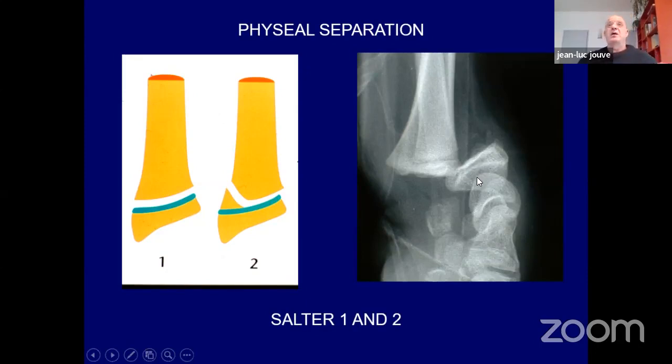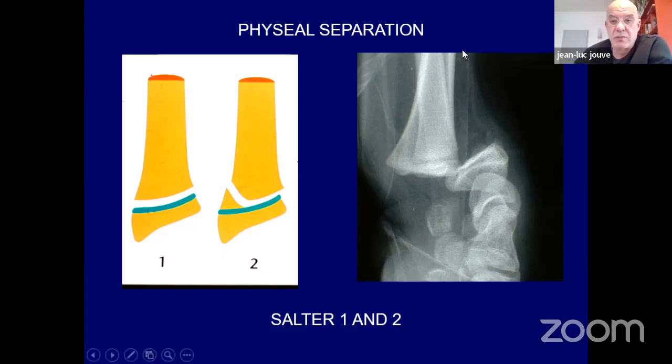There is a very important displacement. It is a spectacular fracture, but a fracture with a very good prognosis. And when you do the reduction, sometimes you can do that under local anesthesia, because it is very easy to do the reduction. Why is it easy?